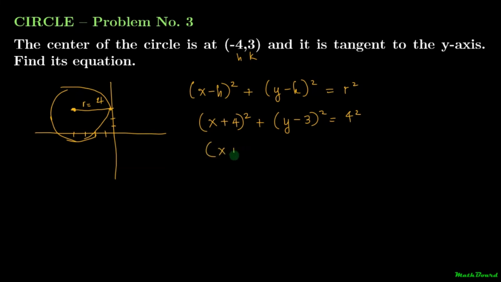Therefore, we have x plus 4 squared plus y minus 3 squared equals 4 times 4, 16. So, this would be the standard equation of the given circle.